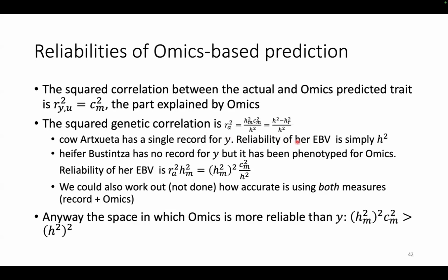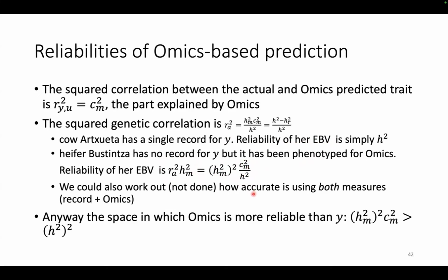So the real reliability of the breeding value is just the heritability. But then we have a heifer. The heifer has not calved yet, but we could omics phenotype her, and then you can work out that the reliability of the breeding value is this thing, which is the heritability of the mx squared divided by the heritability times microviability, whatever.